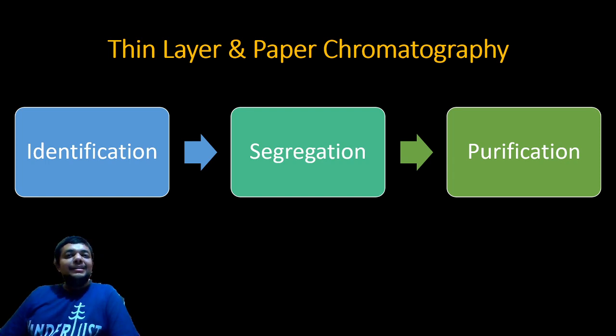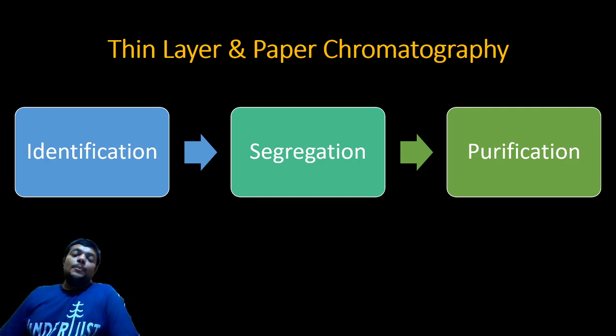In the day 1 lecture we had a classification, and if you looked carefully at the shape of the stationary phase, there were planar shape and column shape, and planar shape included thin layer and paper. So thin layer and paper chromatography fall under the category of planar chromatography.